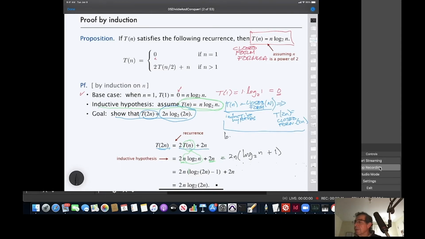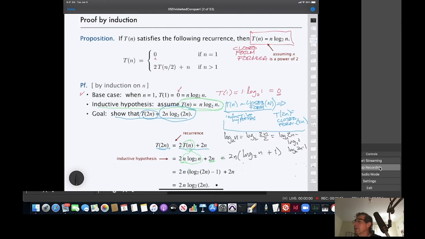Remember that, let's rewrite it here. Log 2 of n is just log 2 of 2n divided by 2, which by the laws of the logarithms turns out to be log 2 of 2n minus log 2 of 2, and this is equal to log 2 of 2n minus 1.